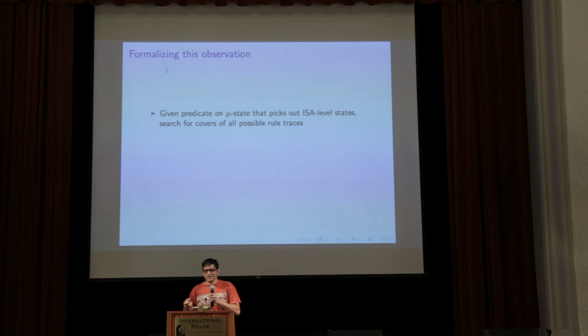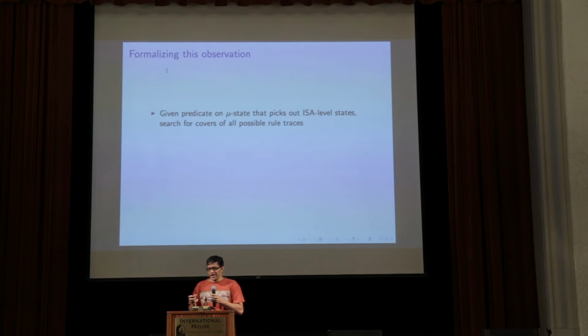To formalize this technique, you basically need a predicate on microarchitectural states which picks out states that make sense at the ISA level. So the architect of the processor provides these predicates manually, and it's something that architects can do. It's using a vocabulary that is architect-friendly.